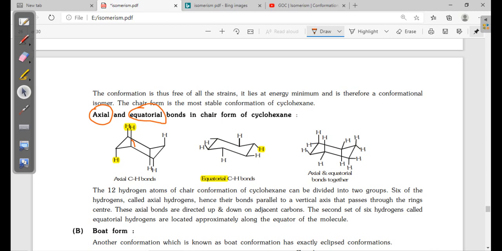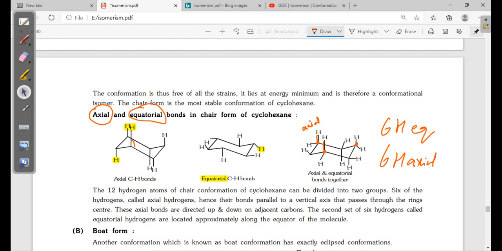In cyclohexane, 6 hydrogens are equatorial and 6 hydrogens are axial. So how to know this? See, in this structure, the above carbons, means this one, 2, 3. These are the above carbons. In these above carbons, the upside hydrogen, the general representation, is axial.